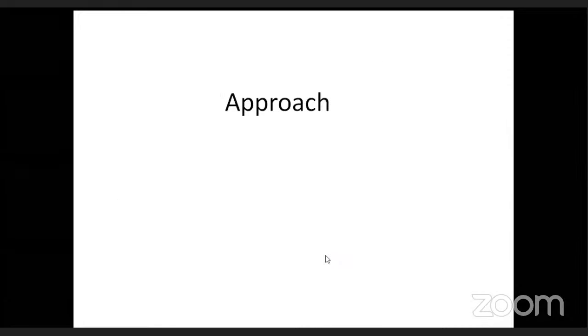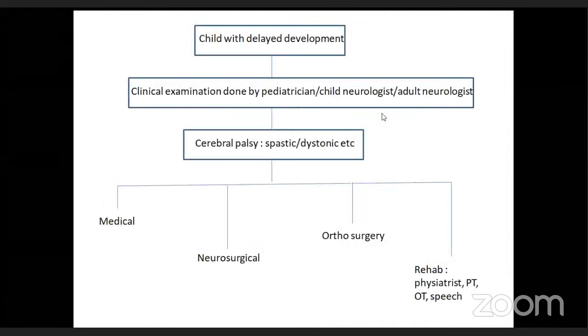Now, I'll just give a very brief approach, it's not a very big approach, it's a very small one. I think you have to take help from different specialities. You have a child with delayed development, clinical examination done by a pediatrician, child neurologist, or an adult neurologist.